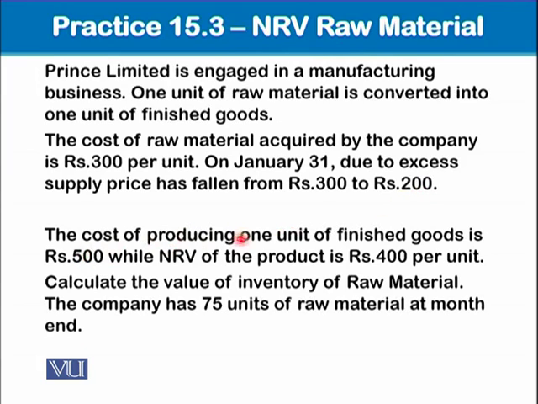The cost of producing 1 unit of finished goods is 500, while the NRV of the product is 400 per unit. Here the net realizable value, or the net selling price, of this finished product has fallen. Its cost is 500, but we cannot recover it in full.